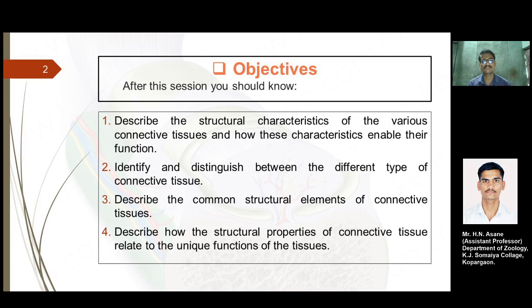And you should describe how the structural properties of connective tissues are related to the unique functions of the tissues themselves. That means different types of tissues are there, and these different types of tissues are connected by means of the connective tissue. What type of connective tissue connects bone tissue with muscle tissue?